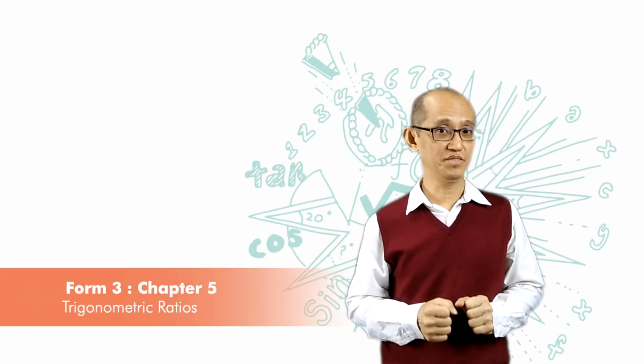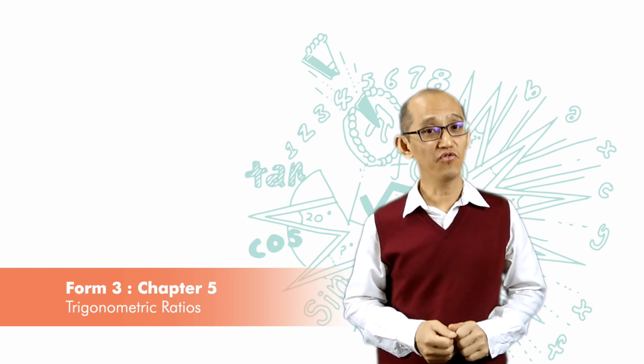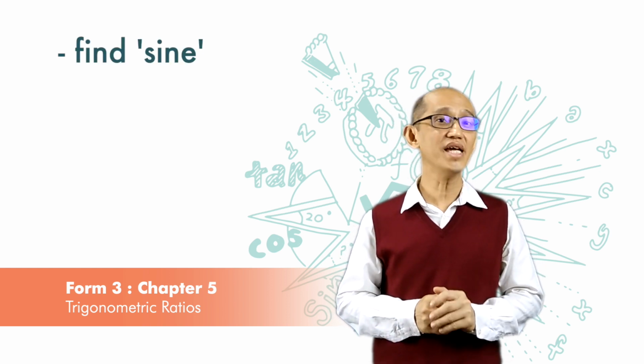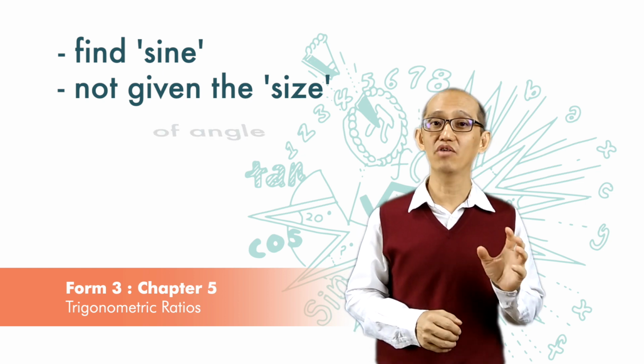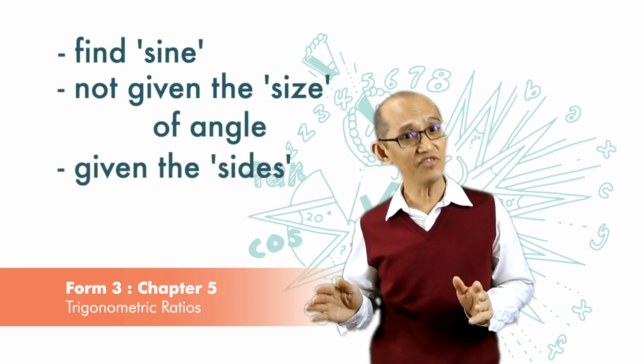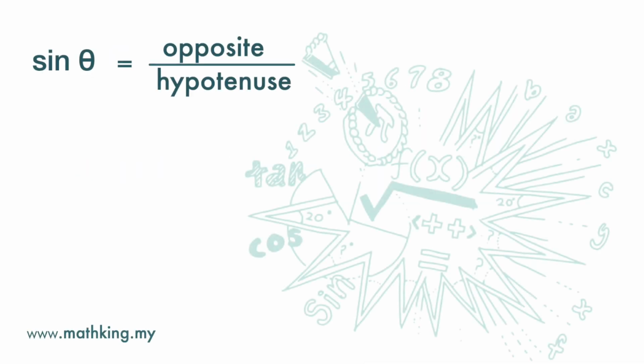Let's look at a few questions where we are required to find the sine of an angle. We are not told the size of the angle, but we are given the sides.